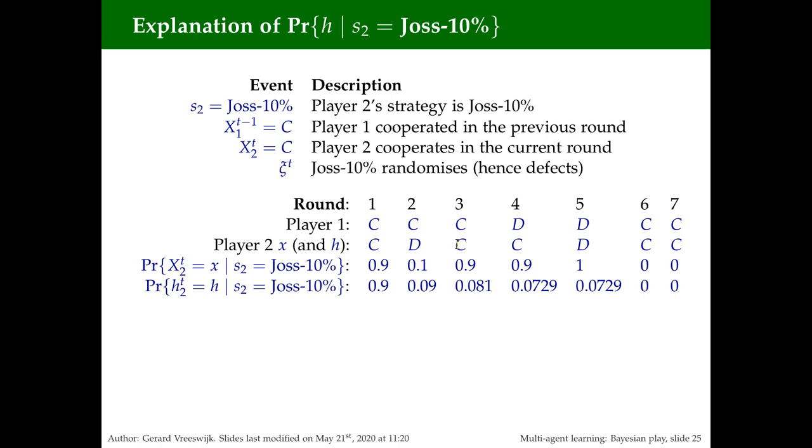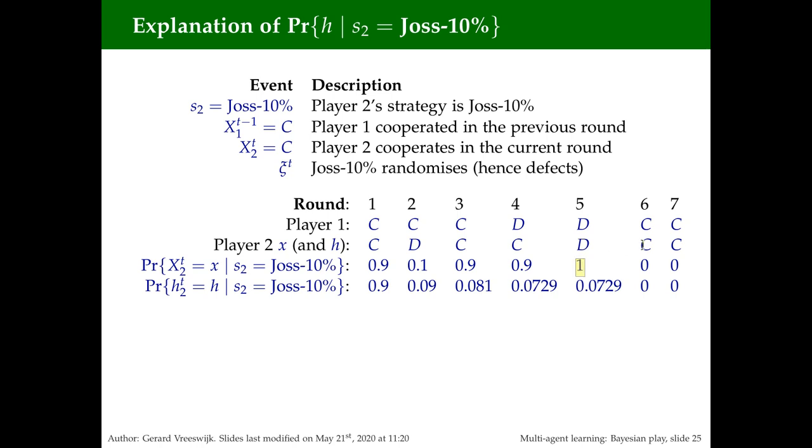Now, Joss plays tit for tat 90% of the time and defects 10% of the time, so this is all 90%, because there is a 10% chance that it plays defect, but it didn't happen here. If the first player defects, then the second player should defect either way, either by randomizing or by playing tit for tat. So the probability that it defects as well is just 1.